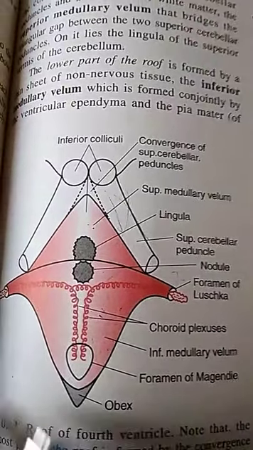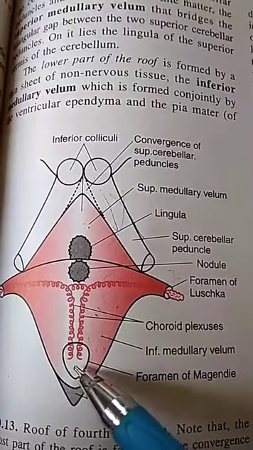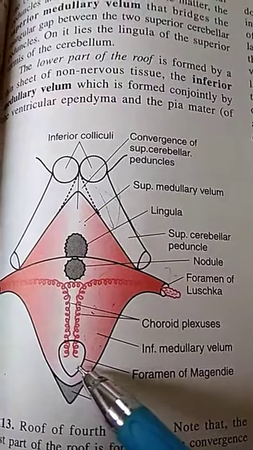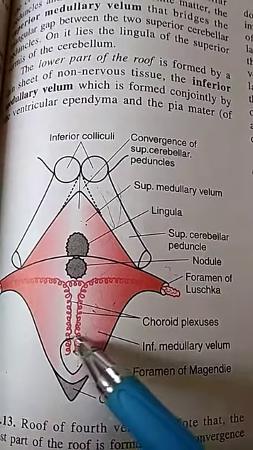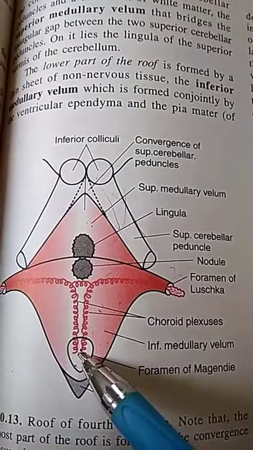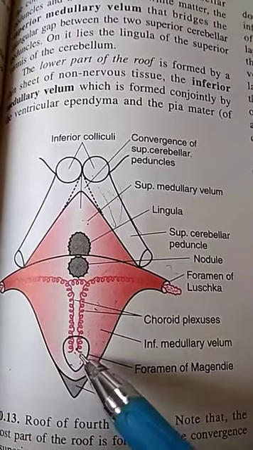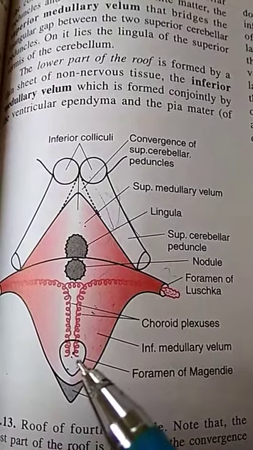In the lower part of the inferior medullary velum lies a large aperture in the median plane, known as the foramen of Magendie, through which the cavity of the fourth ventricle communicates with the subarachnoid space of the cerebellomedullary cistern.